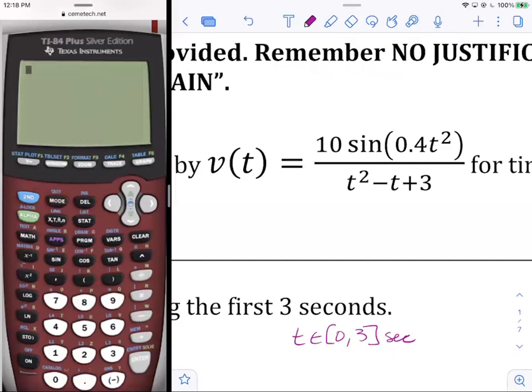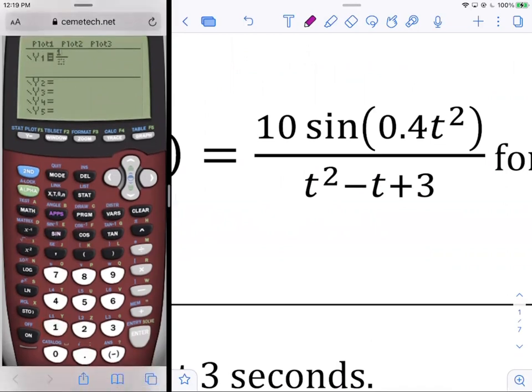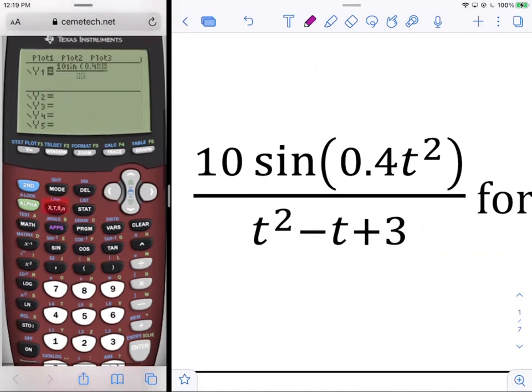Okay, good. Now we'll go back to y equals, and we're going to set up this quotient. So alpha y equals, enter. Always use the horizontal division bar. We get 10 sine of 0.4. And your calculator doesn't care if you're using t's or x's or q's, whatever. It's t on our paper, but since there's a shortcut, we'll just use x.